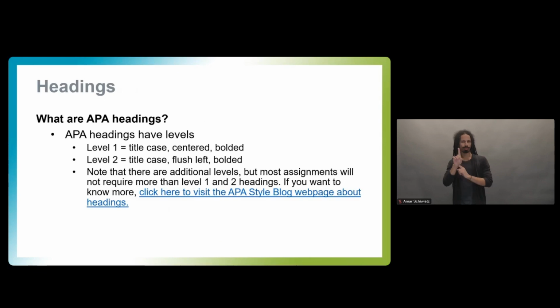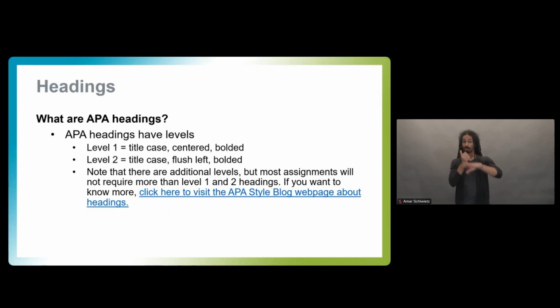Now, if you want to have a subsection within that section, maybe there's a slightly different point or an additional piece of information that you want to separate and put in its own little section within the larger section, then you can give a level 2 heading for that section. This is formatted very similarly.